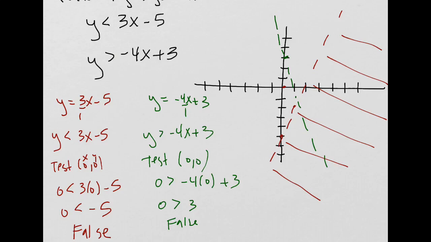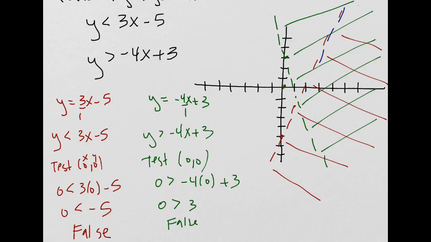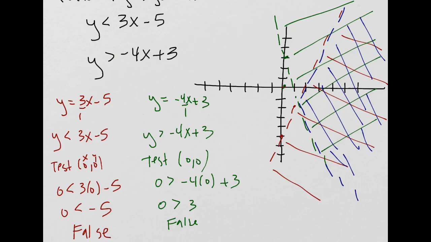So that means for the green guy, I don't want to shade the side that contains the point 0, 0. So for the green guy, I want to shade this side instead. And then I'm looking for the overlap between the two. Well, the overlap, if I first trace out the boundaries in blue, it would be the portions of those red and green lines, and then it would be this area in the middle. And that would be my solution.